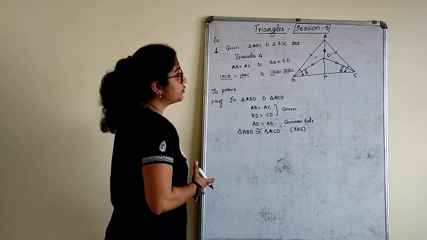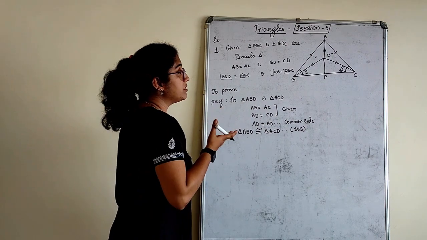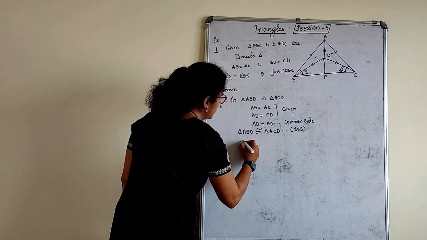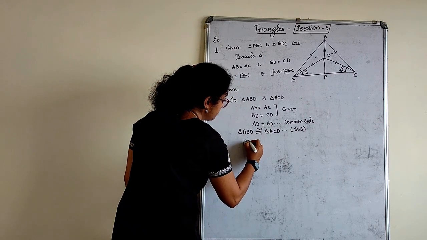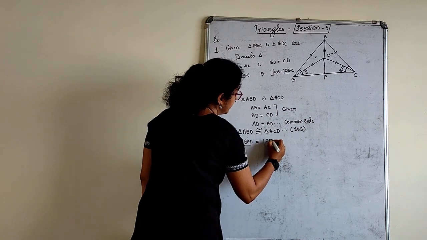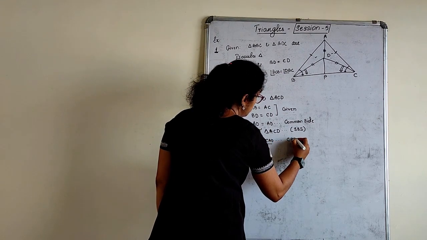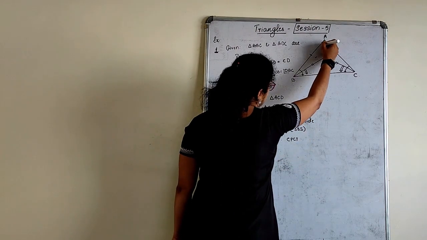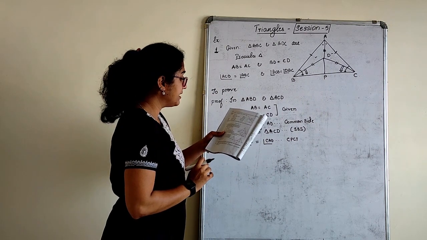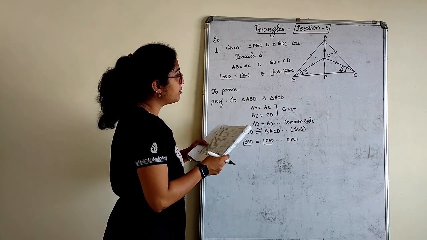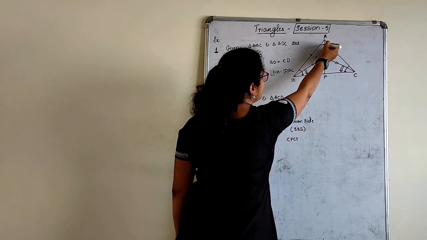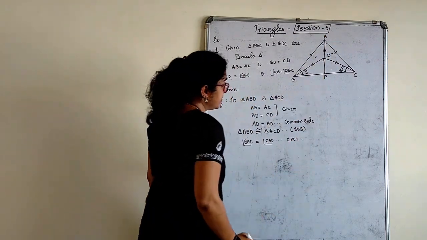Now from the triple S congruence rule, let me write down the CPCT angles. Can I say angle BAD is equal to angle CAD? Reason: CPCT. Children, this angle is equal to this. That means AD bisects angle A. So AP bisects angle A, right?